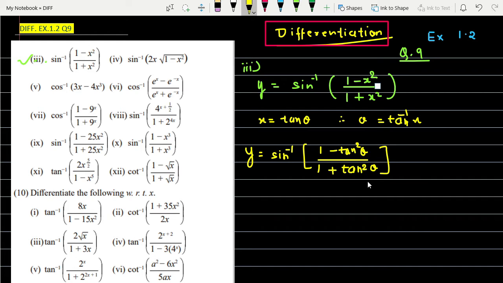Now (1 minus tan square theta) upon (1 plus tan square theta) is equal to cos of 2 theta. So y is equal to sin inverse of cos of 2 theta. Now we use a right angle: cos of 2 theta we write as sin of (pi by 2 minus 2 theta).